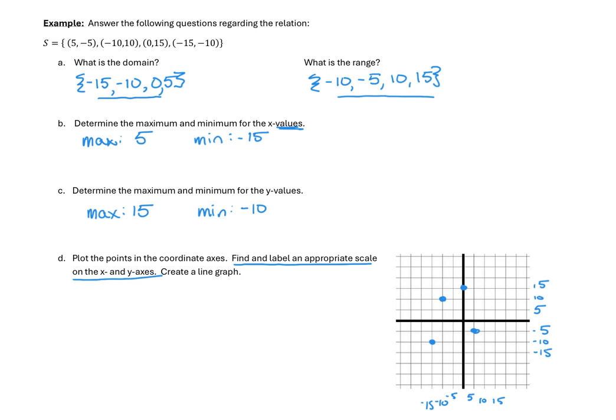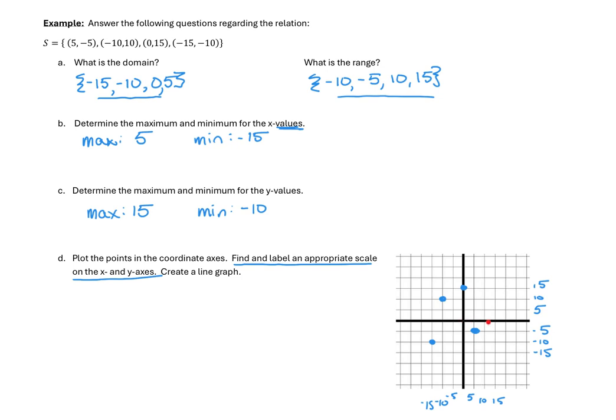So as I mentioned, I went with a scale of 5, but you can go with any scale that you want that is within reason. Just remember that when we scale this, we do want to make sure that our tick marks are consistent. You can't sit here and say, okay, this is going to be 3, this is going to be 10, this is going to be 15.